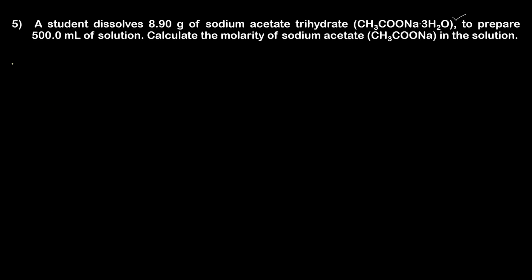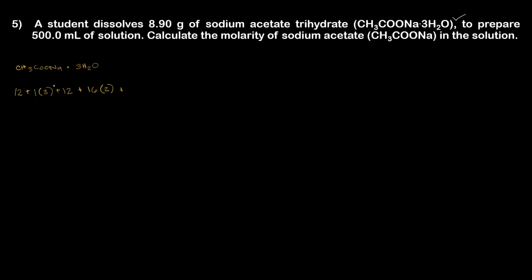This is pretty simple. Let's start with the molar mass. The same process: we started with sodium acetate trihydrate, so of course, let's start with that. Starting with the molar mass, first we have 1 carbon plus 3 hydrogen. 1 hydrogen is 1 gram per mole times 3, plus another carbon, and we have 2 oxygen here. 1 oxygen is 16 grams per mole times 2.